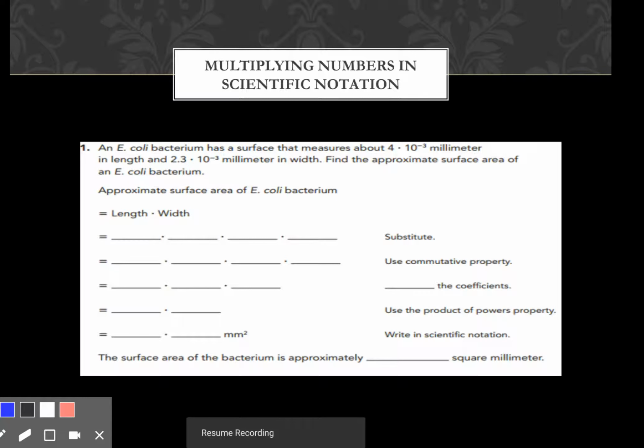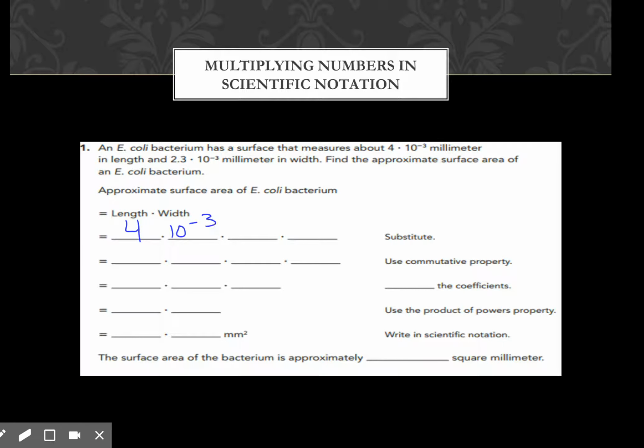So let's try this example here. We have an E. coli bacterium that measures 4 times 10 to the negative third, and a length of 2.3 times 10 to the negative third. We're just going to use the commutative property to group our coefficients, 4 and 2.3, and then our numbers with our exponents.